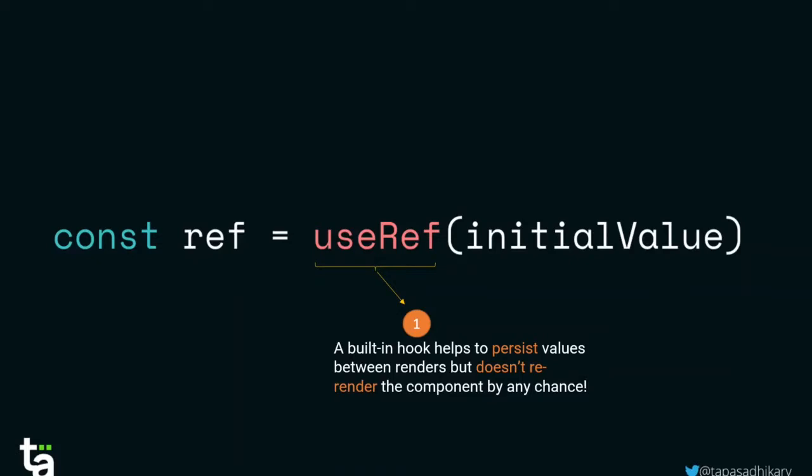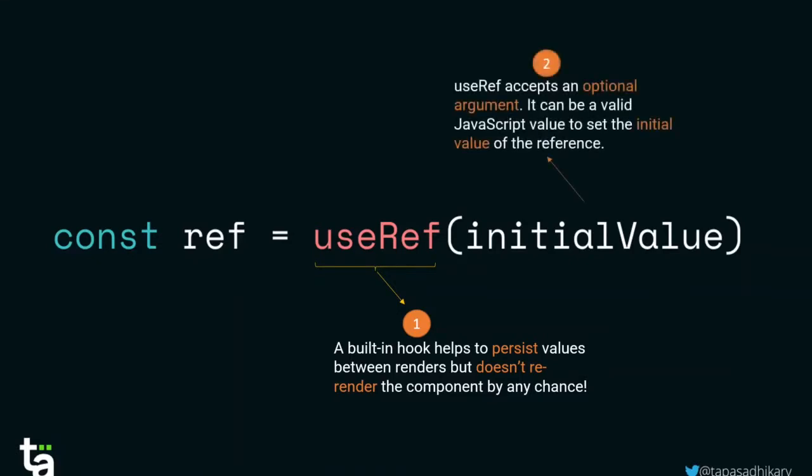And the last point about this definition is, if we update that value that useRef returns, the component is not going to get re-rendered. But if the component gets re-rendered by any other cause, for example a state update, the reference value gets persisted between those renders. That's as simple as that.